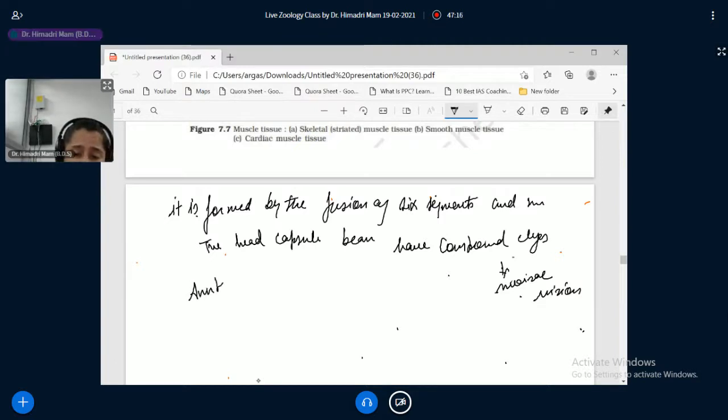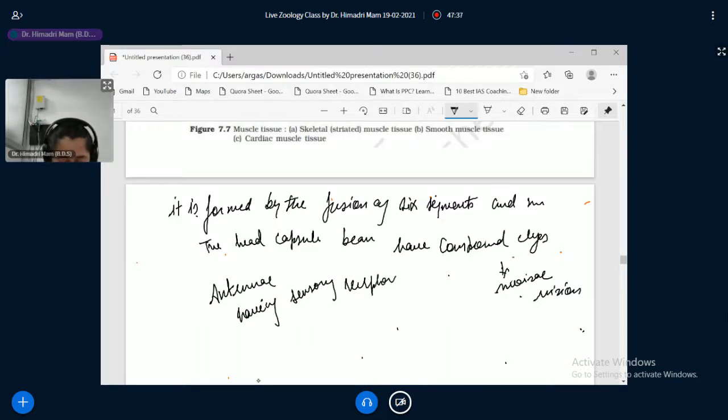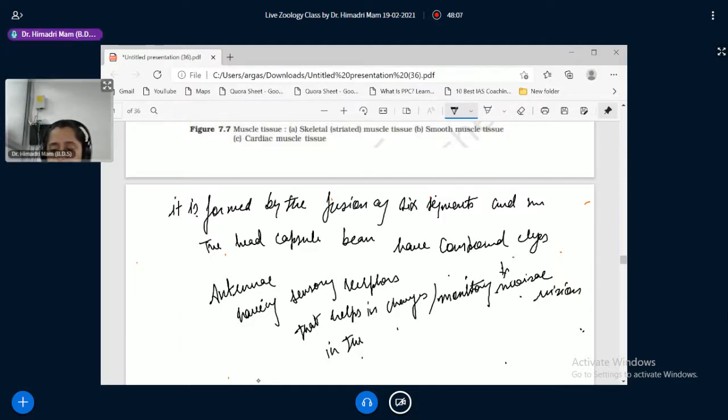They have the antenna, having sensory receptors that help in monitoring changes in the external environment.